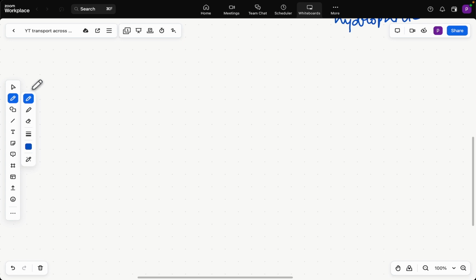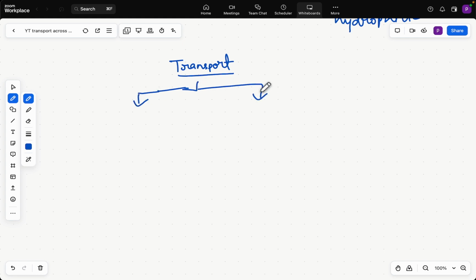So let us start the transport. When you talk about the transport of molecules, this transport can be divided into two major types. First type is known as passive transport. The second type is known as active transport.